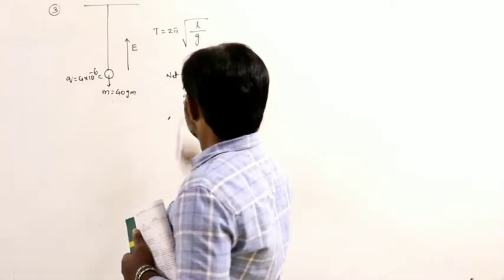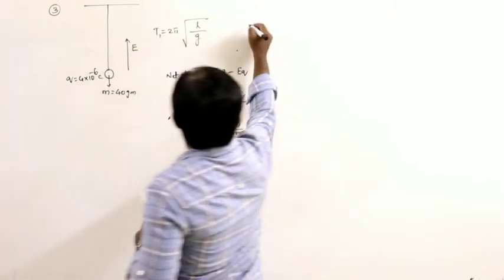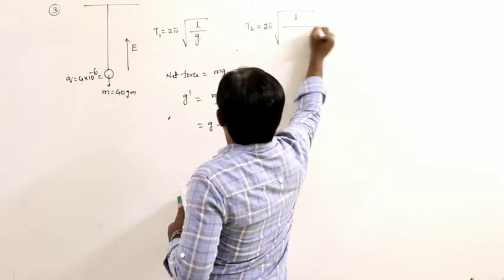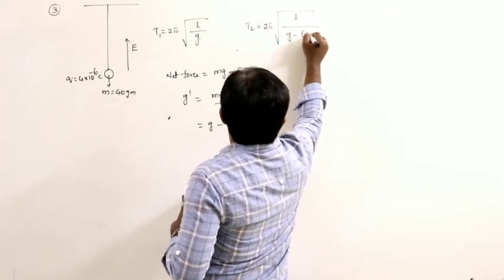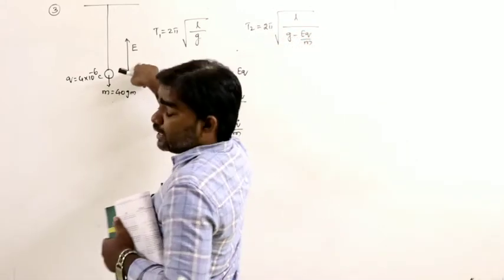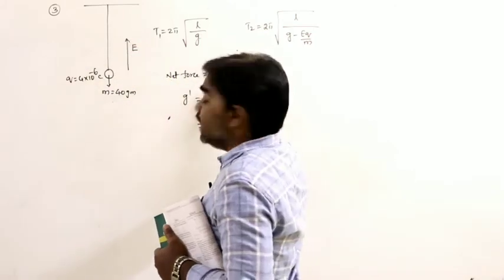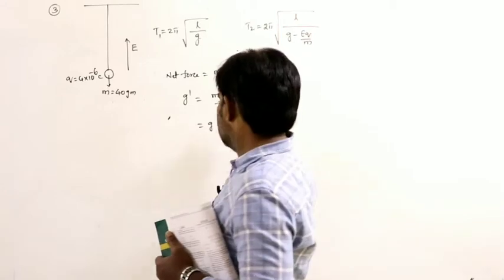In the second case, T1 is as before and T2 can be written as 2 pi into under root L by g minus EQ by m, with the electric field acting vertically upwards. If the electric field acts vertically downwards, the net force becomes mg plus EQ.